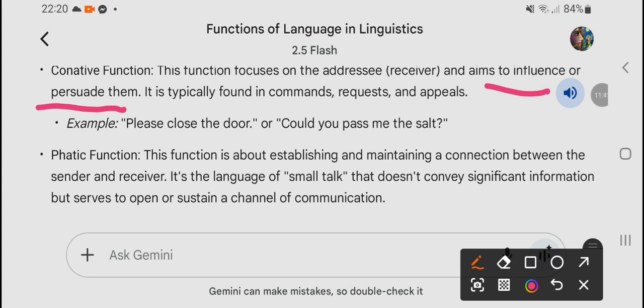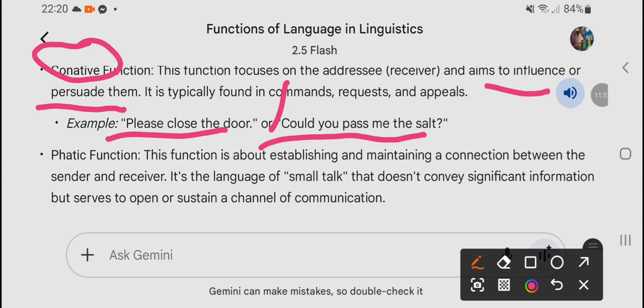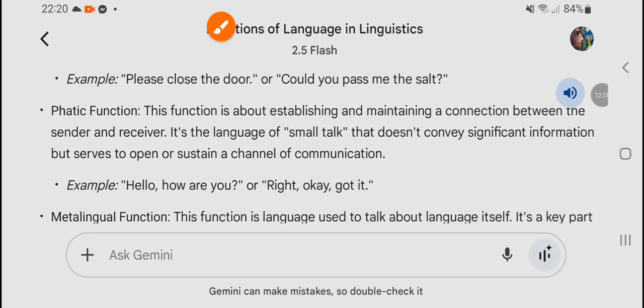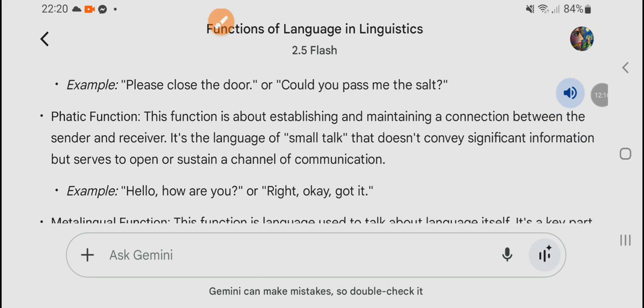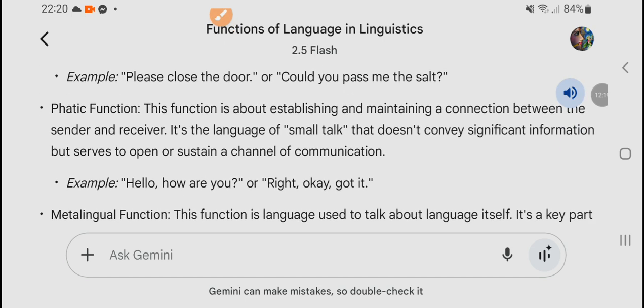So if I am saying please close the door, or could you pass me the salt, that is a request, and in both cases I am expecting you will do it, and that is why it is conative, right? Now next is phatic. Phatic is what? That is to make someone at ease. The function is about establishing and maintaining connection between the senders and receivers.